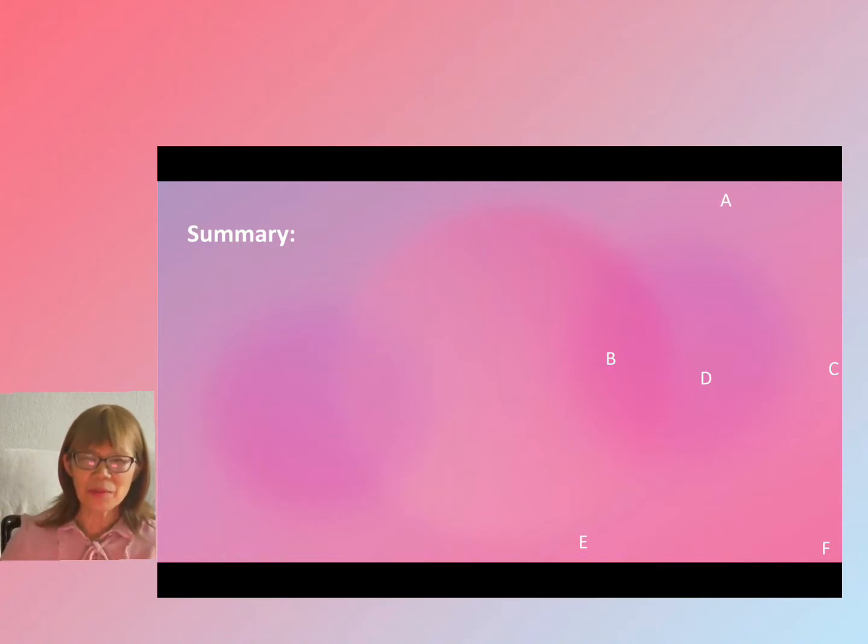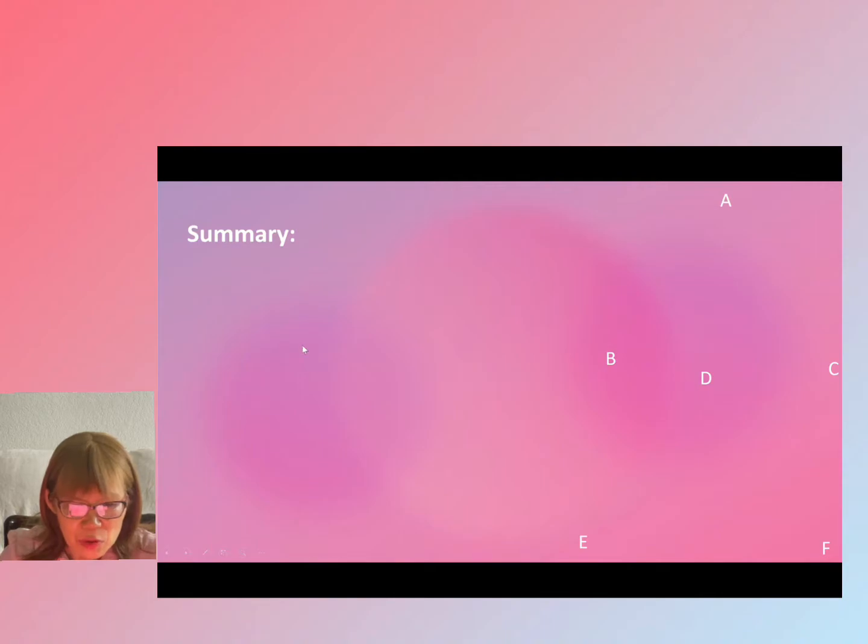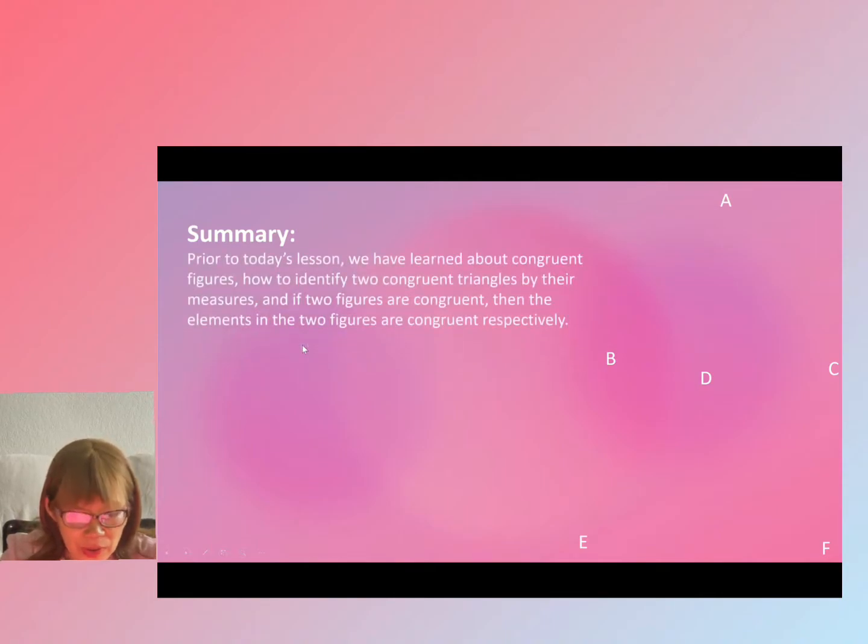Okay, Leslie, welcome back to class. Since you missed the lesson, I'm going to go over it very quickly with you, okay? You remember, before this lesson, we learned two congruent triangles and two congruent figures by measurement, right?